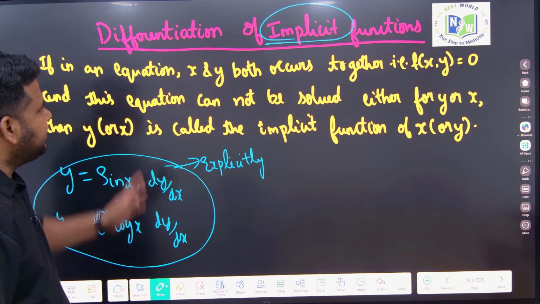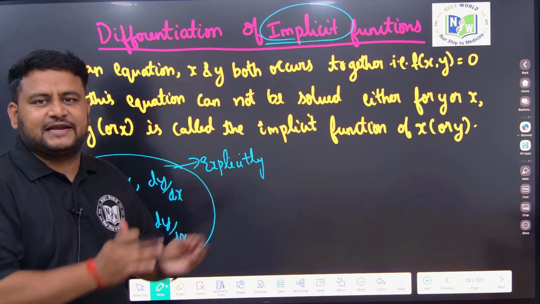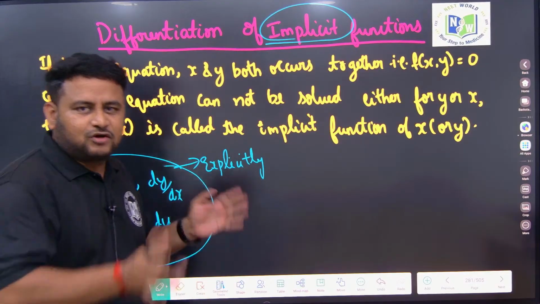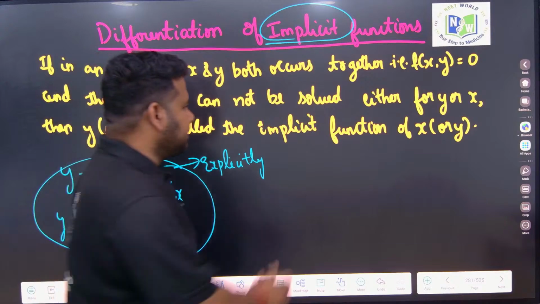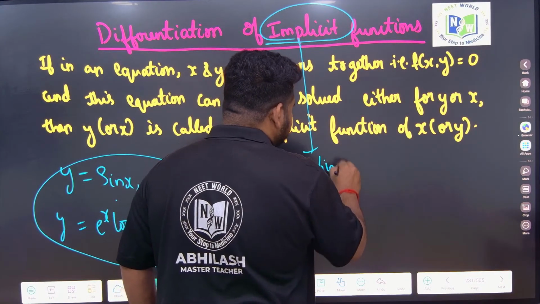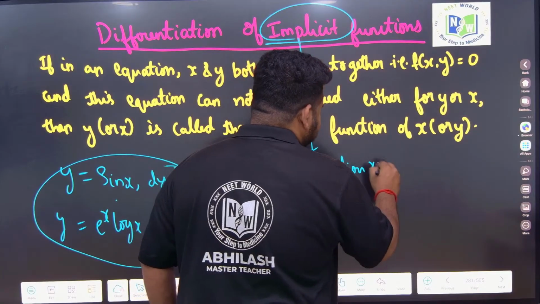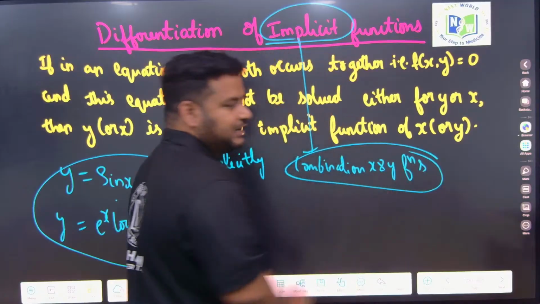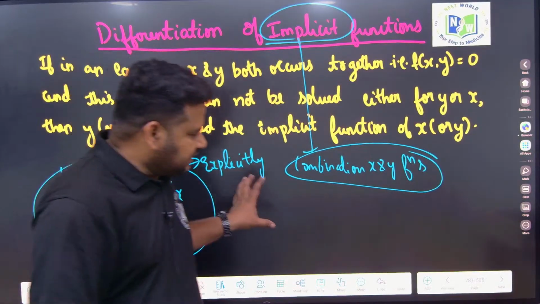But in an implicit function, you cannot separate x and y. You cannot write y is equal to something. There will be a combination of x and y functions, combined together, and you have to differentiate directly in the form of an equation.